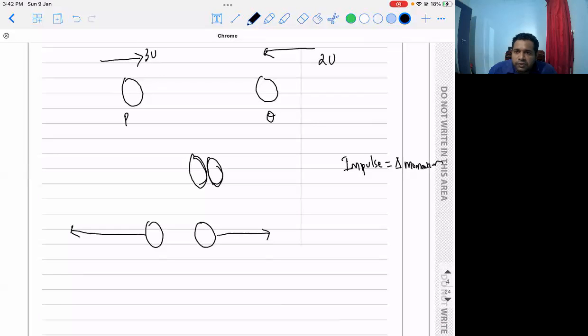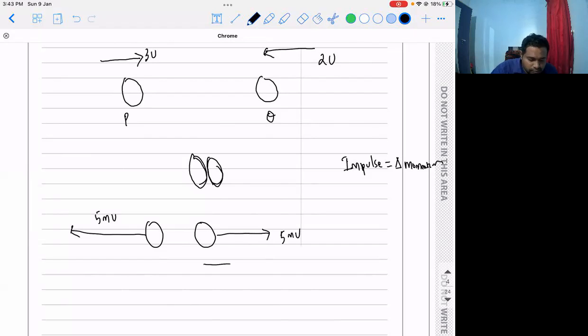And similarly, the particle Q is also having the same impulse because this is the same system. So the impulse available for Q from P is exactly equal to the impulse available for P from Q. That impulse is given in our question, that is 5mu.